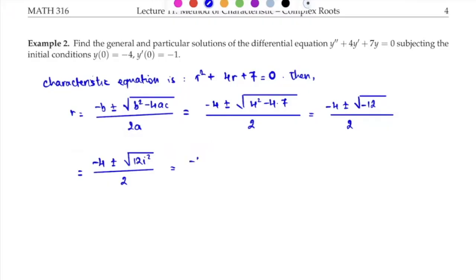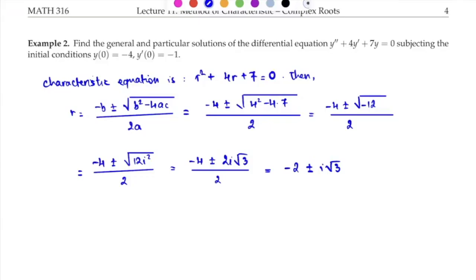You're going to get negative 4 plus minus 2i times square root of 3, divided by 2. You get negative 2 plus and minus i times square root of 3. Okay, so that's the complex roots. Any questions on this?